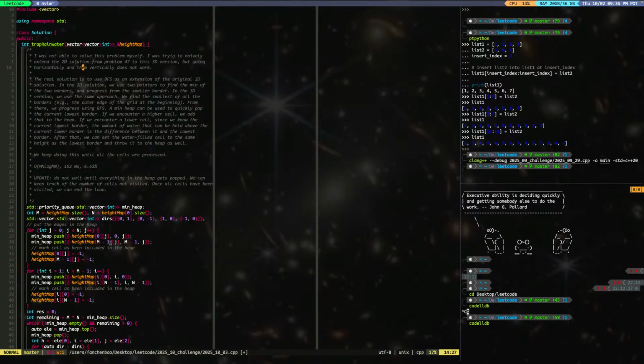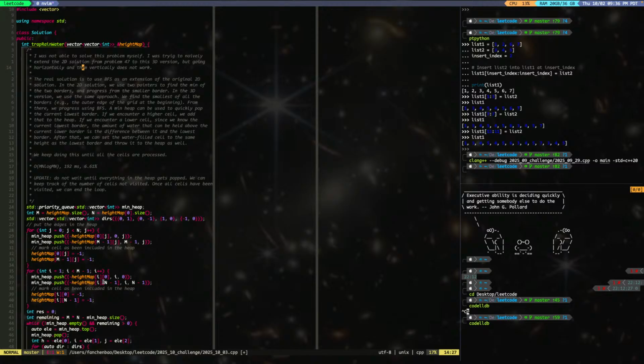This is the last row, so this is the height, 0j. Okay, last row. And this is i equal to 1, because I already put it in, so i equal to 1 is the first column, and then the last column.